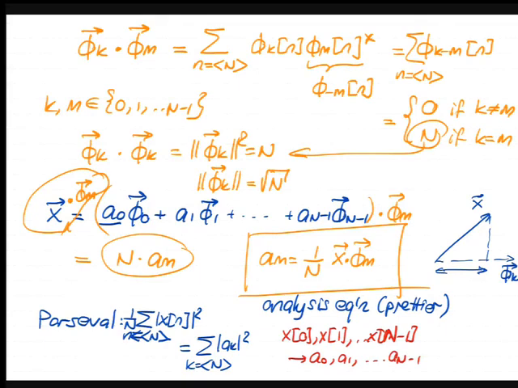When I use the original representation with the values of the signal, I'm putting the emphasis on time. I store the values in time, so this is a time focused representation. When I ignore the time values but focus on the coefficients a, that's a frequency focused representation, because all I care about is how much of each frequency is present in this signal. What is the frequency content of the signal?